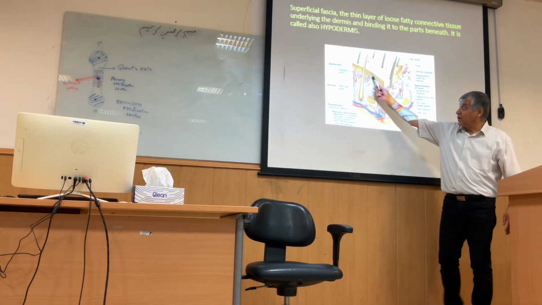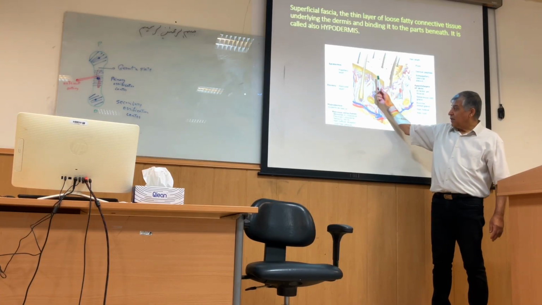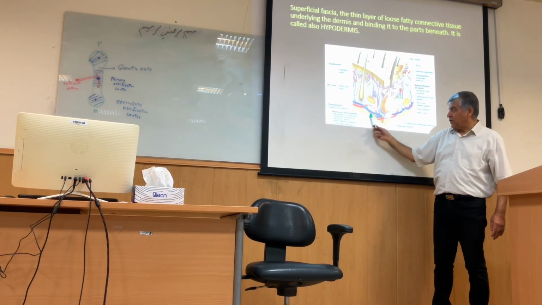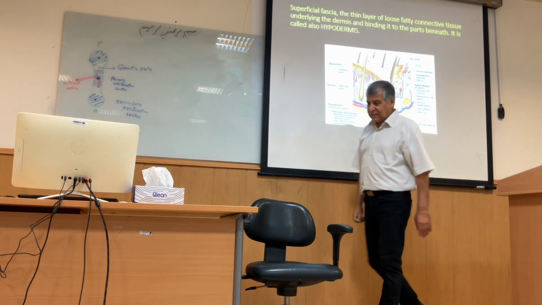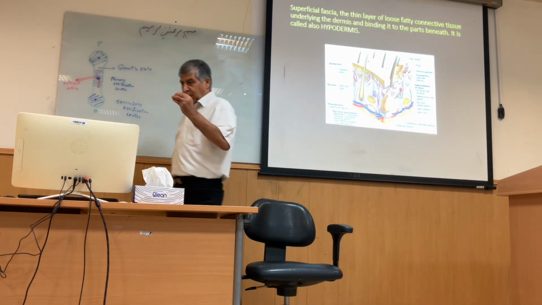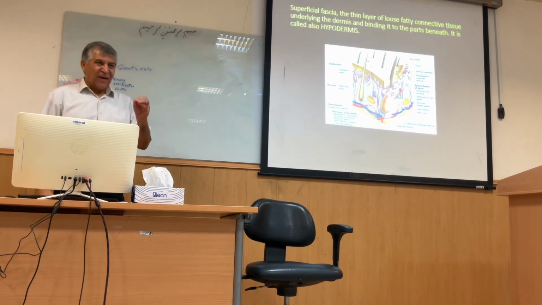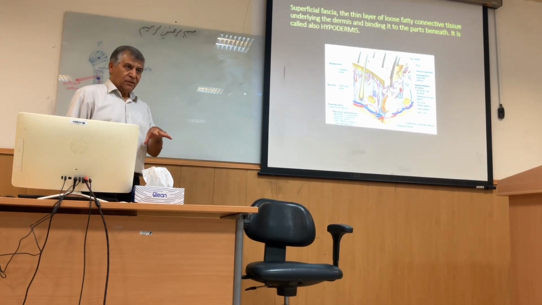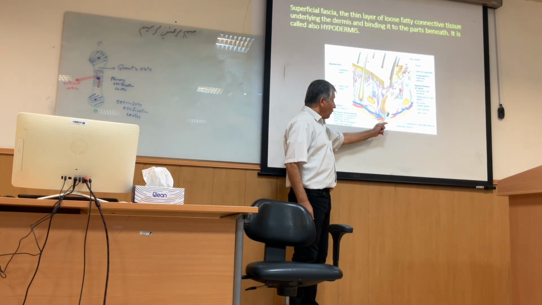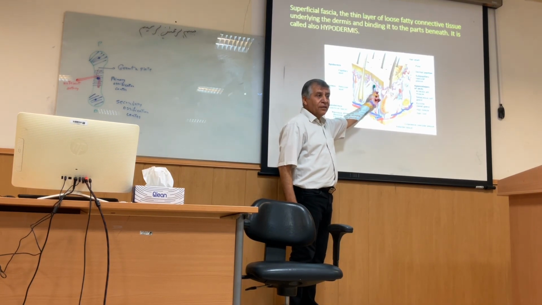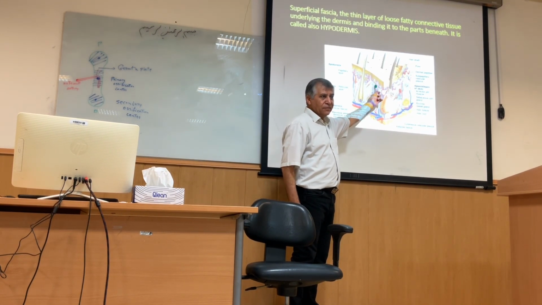Superficial fascia is under the skin. It is mainly fatty tissue and contains vessels and nerves for supply of the skin.